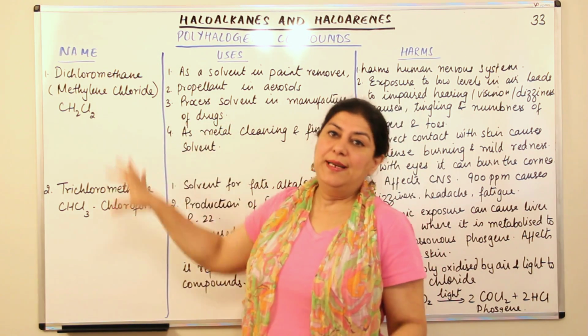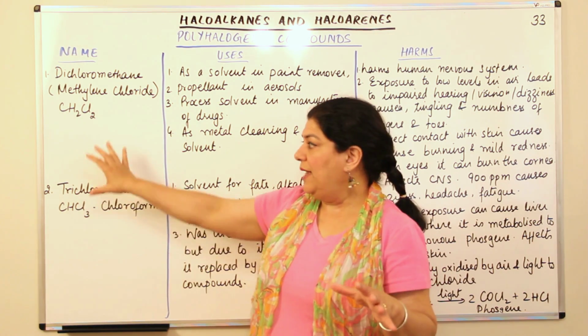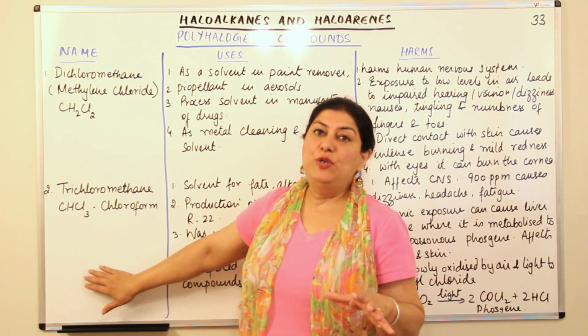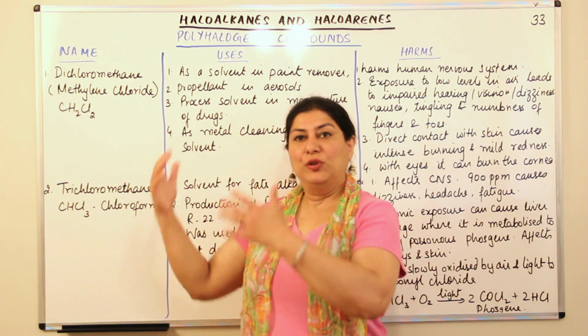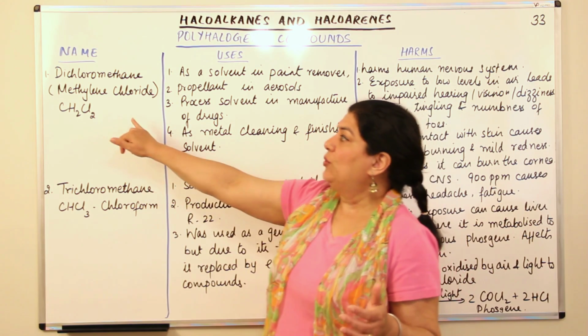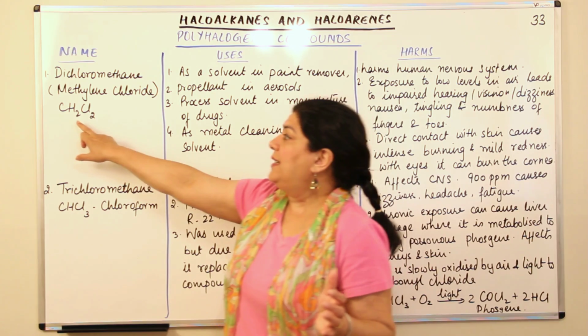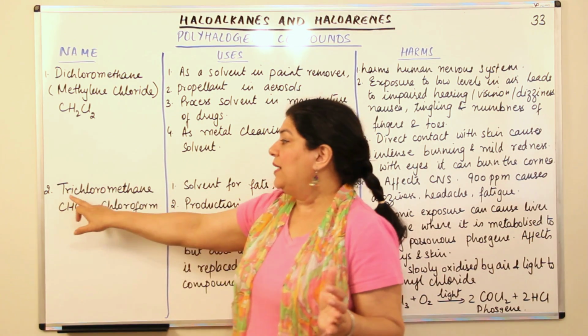I have tried to divide the polyhalogen compounds into a table, and I've done it for 2 compounds. And I would expect you to take this further for the rest of the compounds also. So what are the compounds that we are going to be studying? You have dichloromethane. Dichloromethane is also called methylene chloride. It is CH2Cl2.